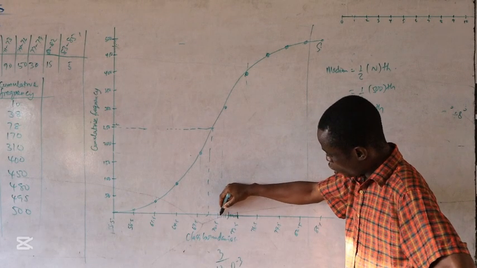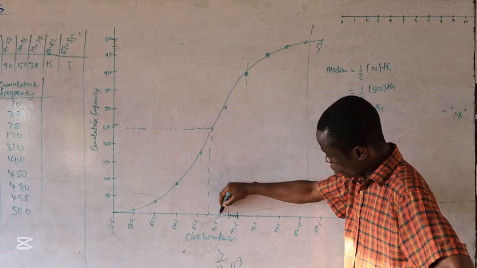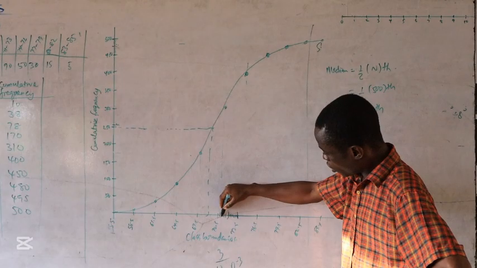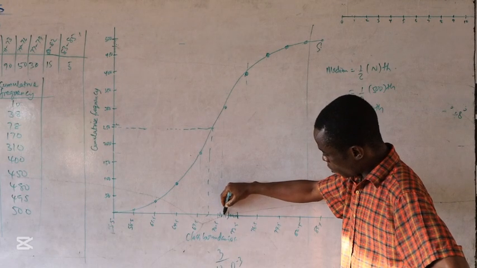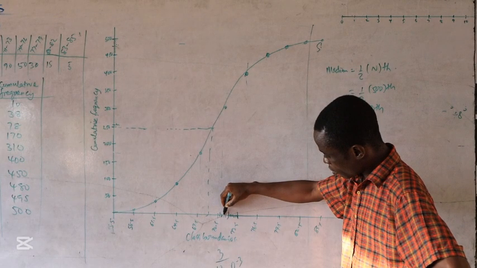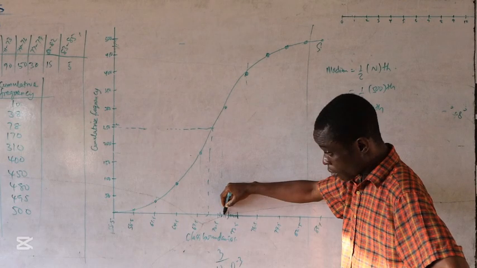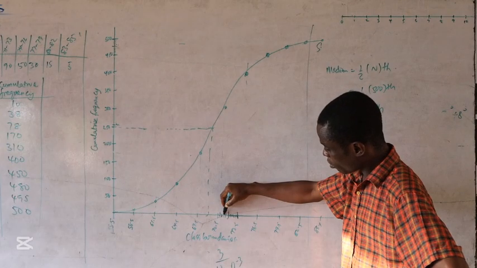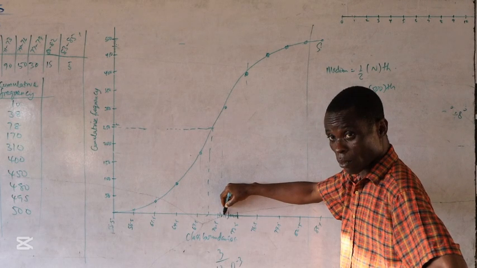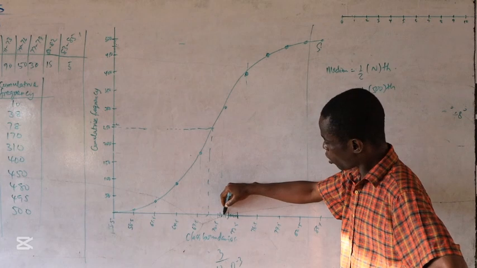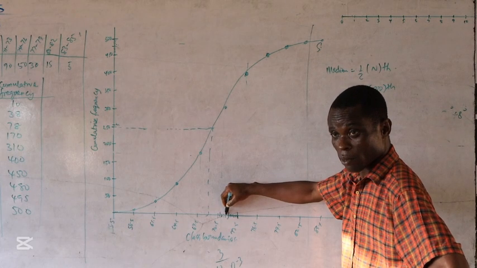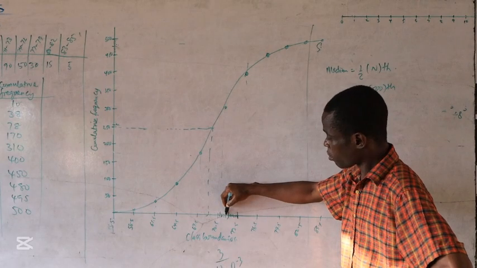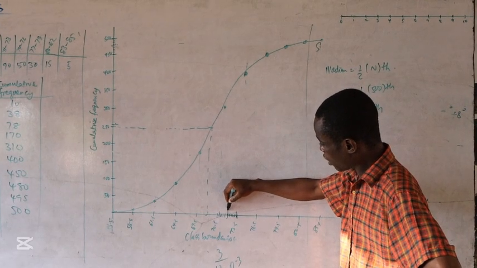Now, when you add the 0.3 to the first one, plus 0.3, plus 0.3, plus 0.3 again, 71 plus 0.3 is 72. So you stop on that 72.